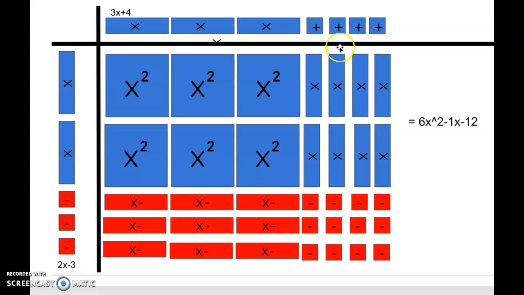And then right here I have negatives, a negative 1 times a positive 1, which will give me all negatives, so I get a total of negative 12. After I zero pair these with these over here, I get a total of negative 1x, so my solution is 6x squared minus 1x minus 12.